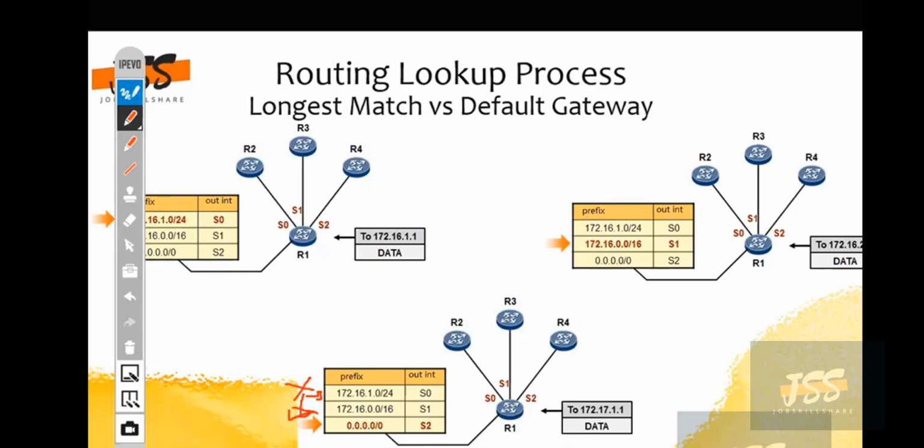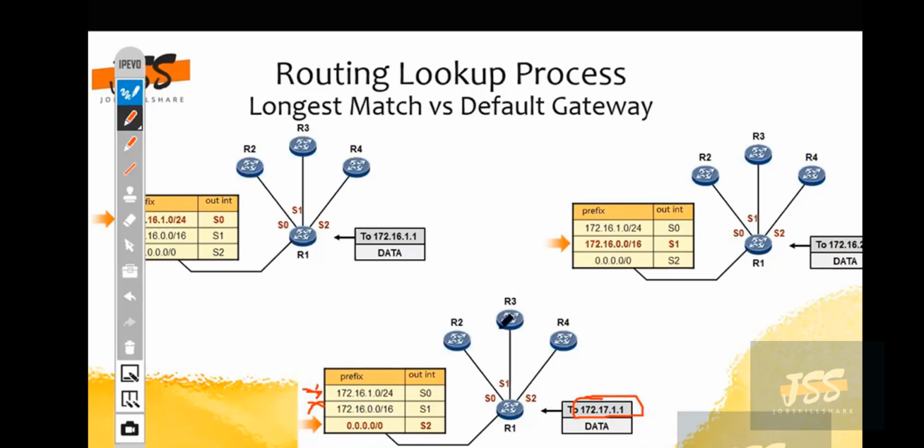Exactly. So this is the concept. If nothing matched to this destination, this is the source where the packet is coming from, but this is the destination it's heading to. It will go through this, 172 matches, and afterward 16, 17 there is a contradiction. So it will ignore this one, ignore this one, and it didn't find anything.